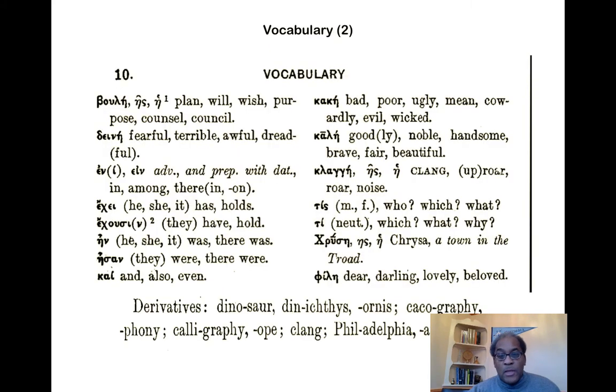Okay? So this lesson ends with vocabulary. Again, this vocabulary is all related to the opening lines of the Iliad that we'll be looking at in a couple weeks.